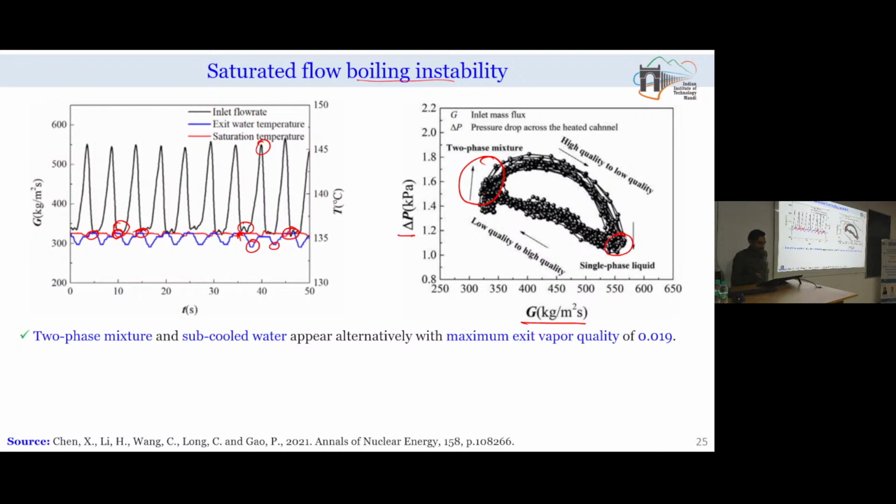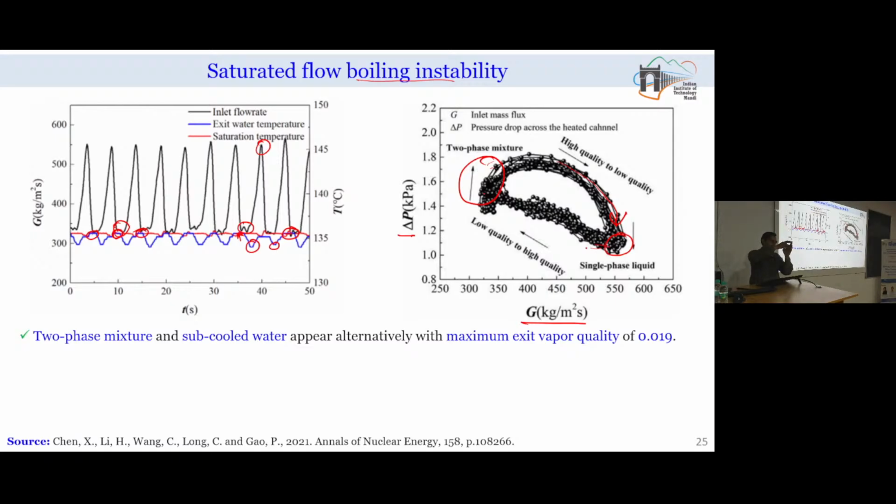So, it means that my fluid will continuously keep on translating from high quality zone to low quality zone, and again from low quality to high quality zone. So, it will keep on oscillating between single phase and the two phase regime. Yes, yes. So, the outlet temperature is fluctuating. All of a sudden what will happen? Vapor has started coming.